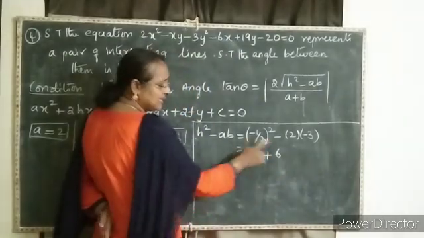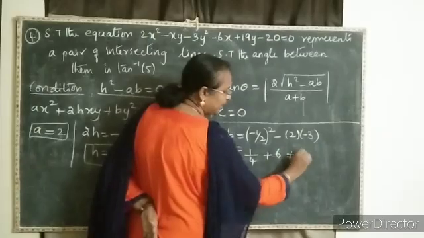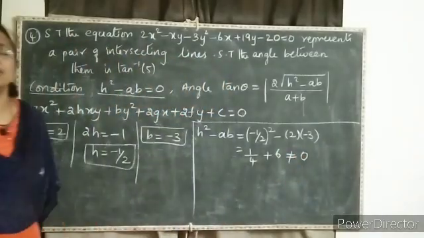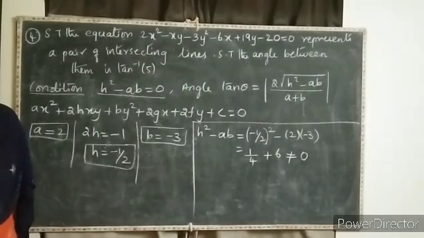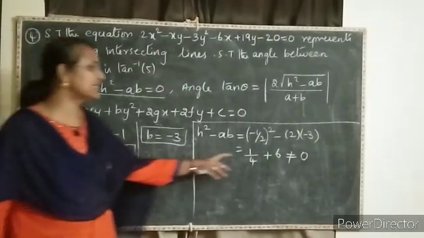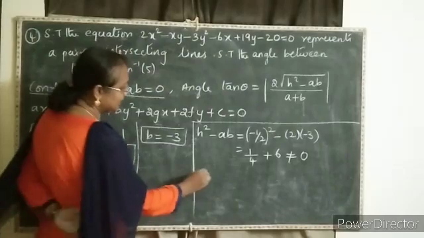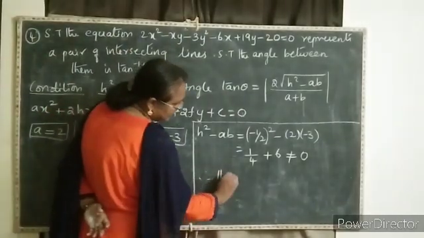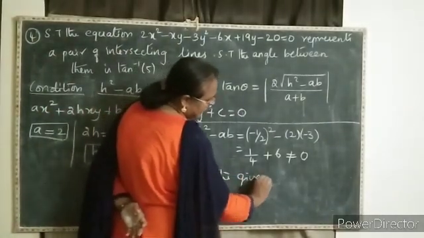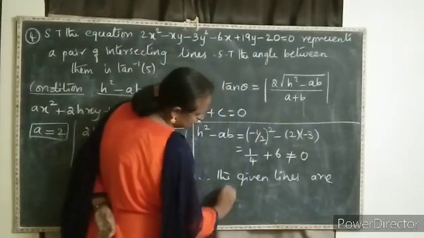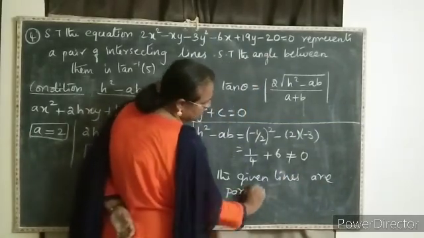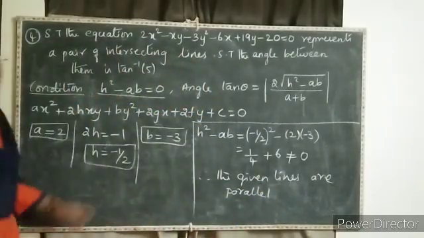On seeing this itself, I can conclude it is not equal to 0. If it is equal to 0, I can say the given pair of straight lines are parallel lines. Since it is not equal to 0, I can say therefore the given lines are not parallel lines. So the first part of the solution for this question is completed.